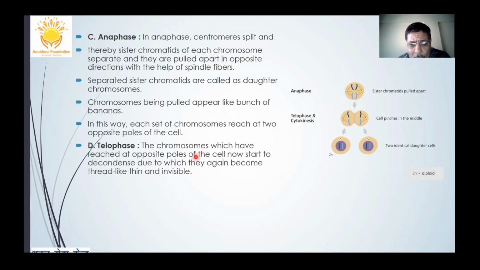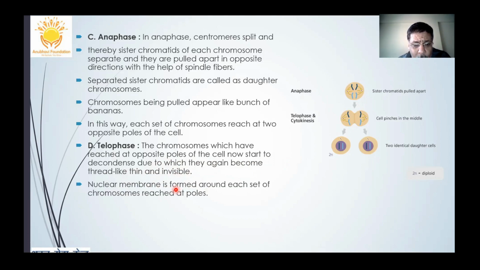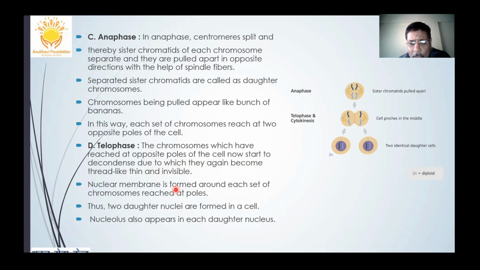The last but not the least is telophase. The chromosomes which have reached the opposite poles of the cell now start to decondense, due to which they again become thread-like, thin and invisible. Nuclear membrane is formed around each set of chromosomes at the poles. Thus, two daughter nuclei are formed in a cell. Nucleolus also appears in each daughter nucleus.